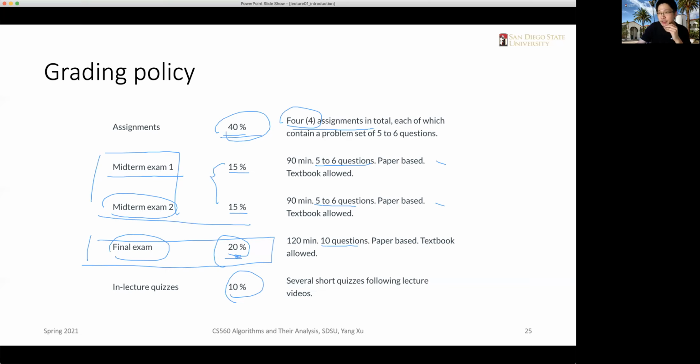I'm not going to explicitly count attendance during the Zoom session, but I will have quiz questions that require you to answer. In order to get them correct, you basically need to watch the video lectures if you cannot join the Zoom meeting. So that is the grading policy.